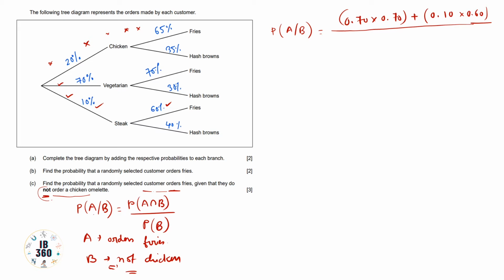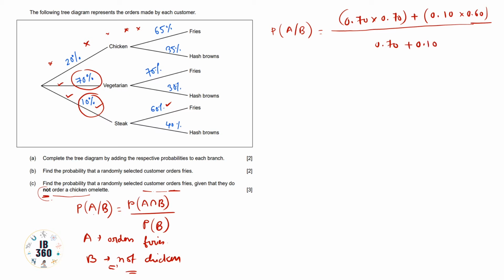So not chicken means where there is no condition of fries and hash browns, so not any condition. So you will take only the first-level values, that is 70% and 10%. That is the number of people who have chosen vegetarian omelette as well as steak omelette. So here will be 0.70 plus 0.10. I think you have understood why this is there.